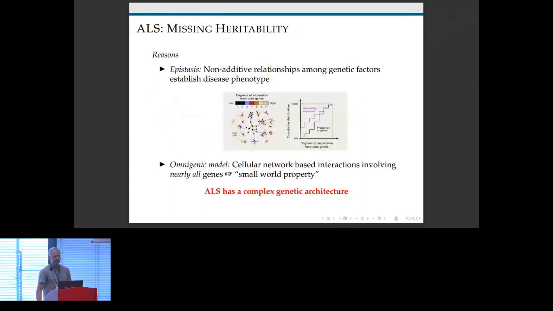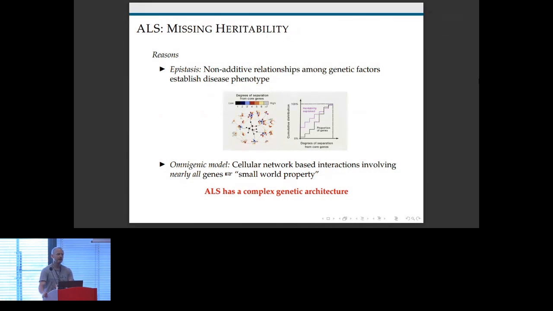And the reasons are usually the usual reasons. We have epistasis, non-additive relationships that establish the disease phenotype, on the one hand. And also, which has been much debated most recently, the omnigenic model, which means that due to the small world property, we have core genes which are mostly responsible for the disease to occur.